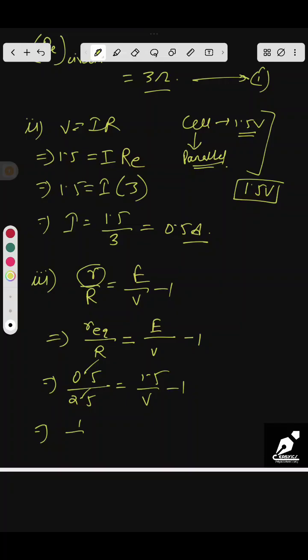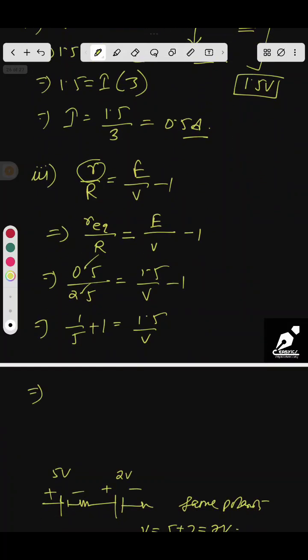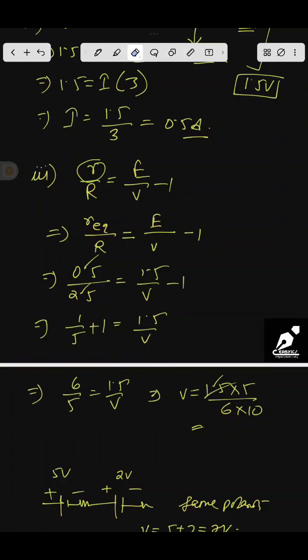0.5 by 2.5 is 1 by 5, plus 1 is equal to 1.5 by V. It will give us 6 by 5 is equal to 1.5 upon V. So V is equal to 1.5 into 5 upon 6. 5 threes are 15, 2 threes are 6, it is 25 upon 20.